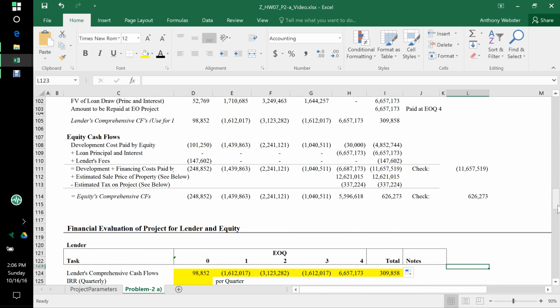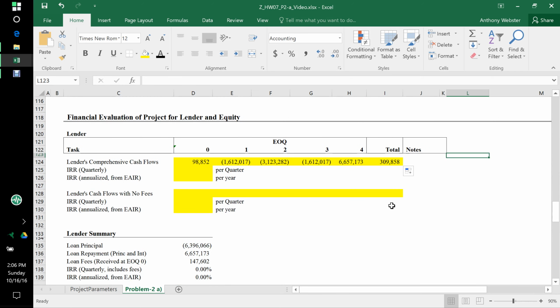Okay. And now I want to show you the Microsoft way here to get an IRR. If you have a set of cash flows, Microsoft will assume the first one is at t equals 0 in whatever units you're using, months, quarters, years, whatever.